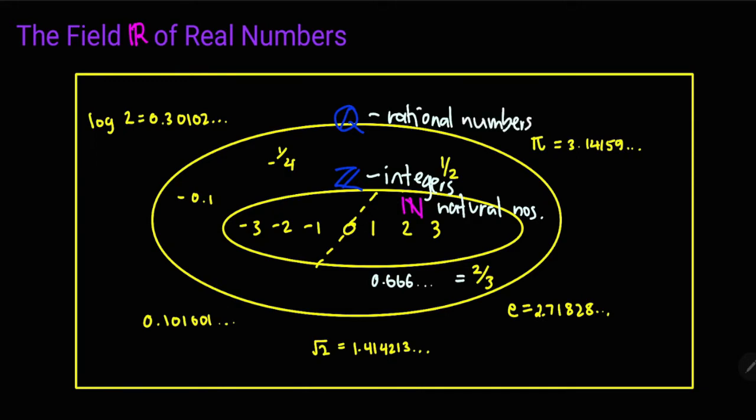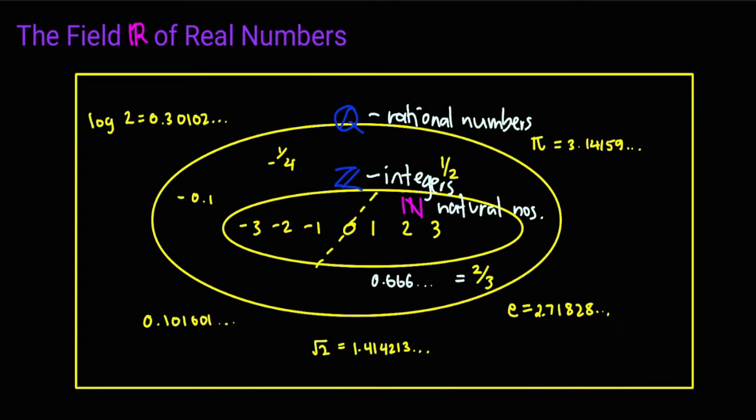Now, there are also numbers whose decimal representation is non-repeating and non-terminating. For example, we have the number pi with representation 3.14159 and so on. The digits of the number pi will not terminate and will not repeat as well.